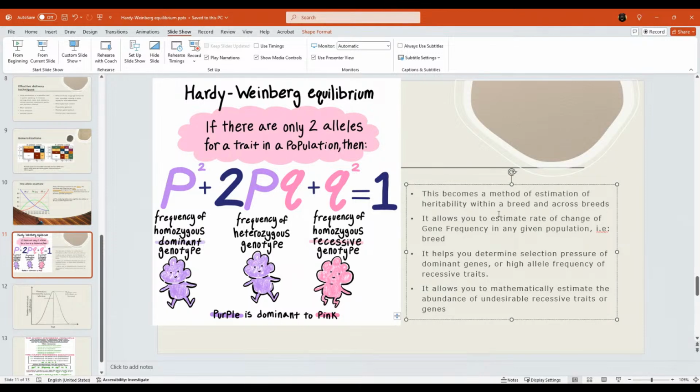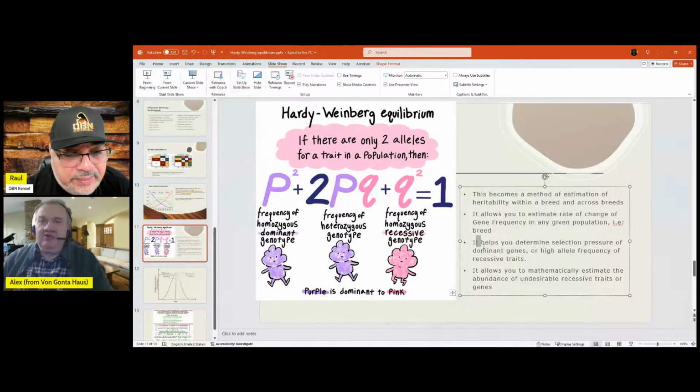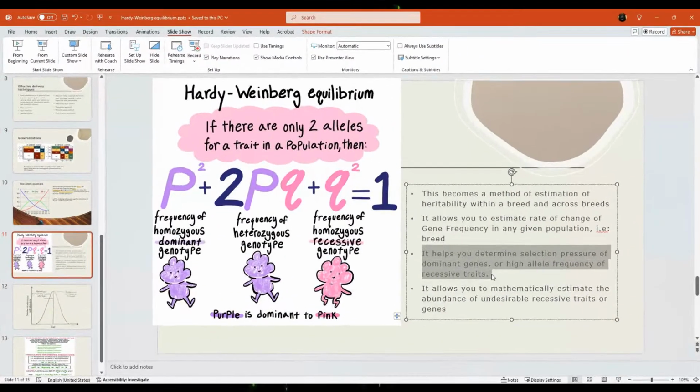It tells you which characteristics are going to be highly heritable within a breed, whether it's for a short nose or long ears or floppy ears, whatever the characteristic is. It helps you determine the selection pressure of dominant genes or high allelic frequency of recessive genes.